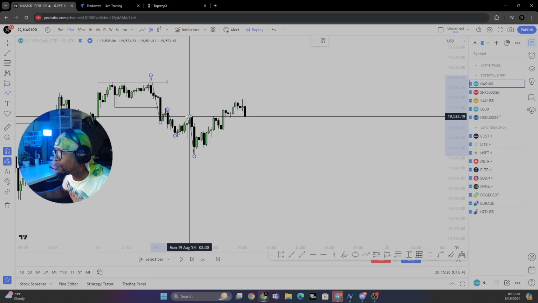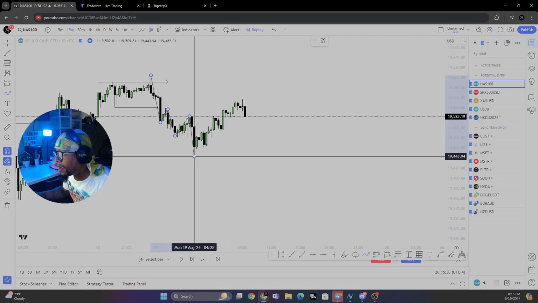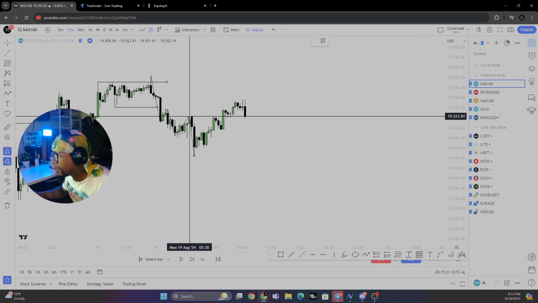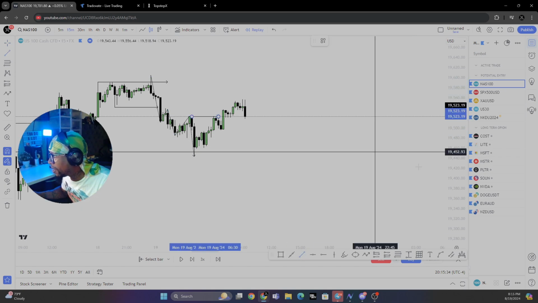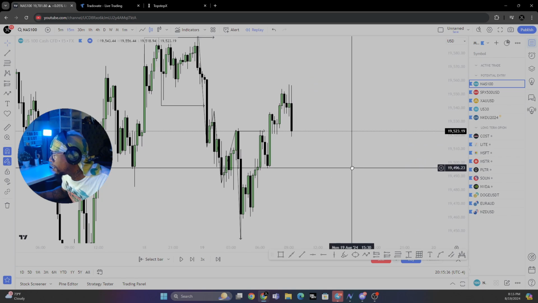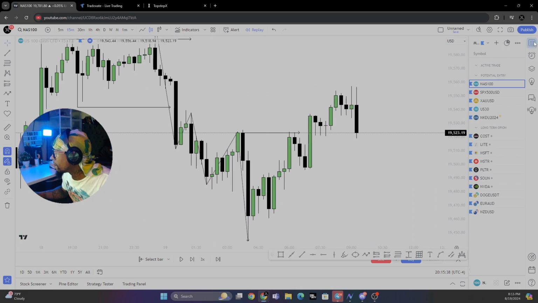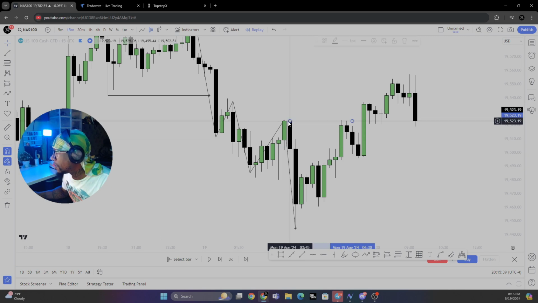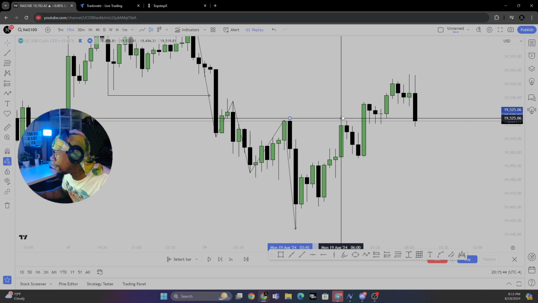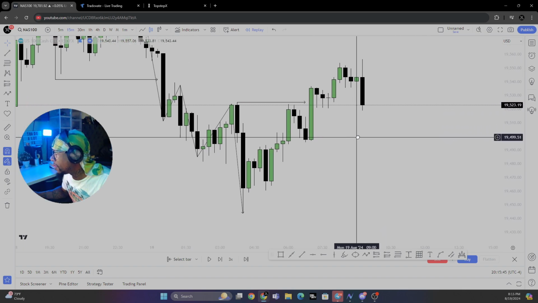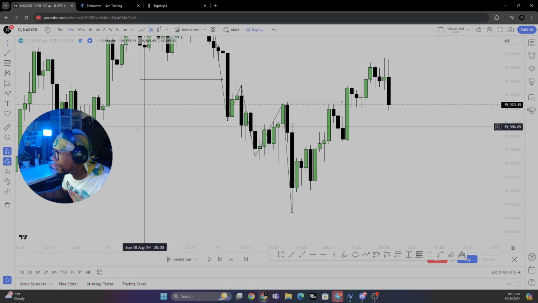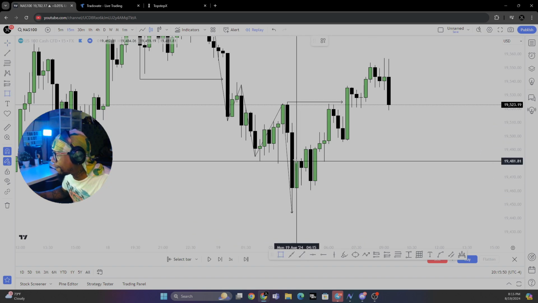So really, I'm just waiting for price to break this high, right? And as you see, once price took this high, let me make the screen a little bigger. Once price took this high, I'm expecting price now to come back to my order block, right?